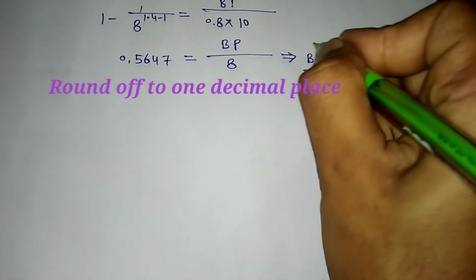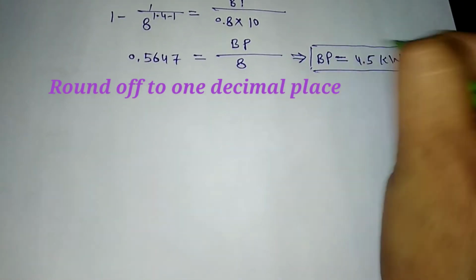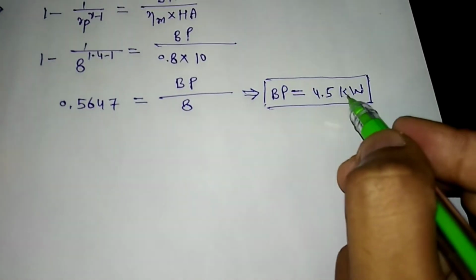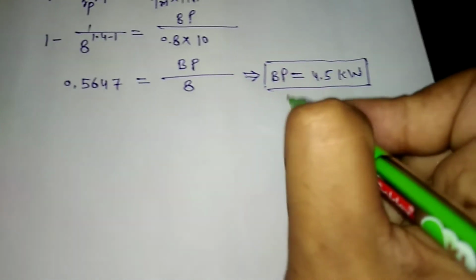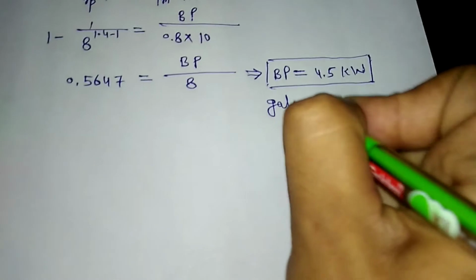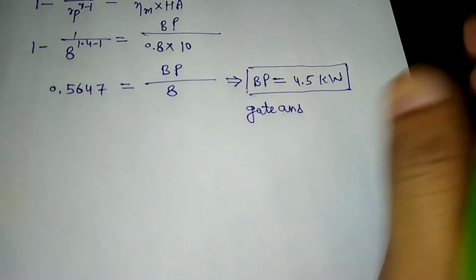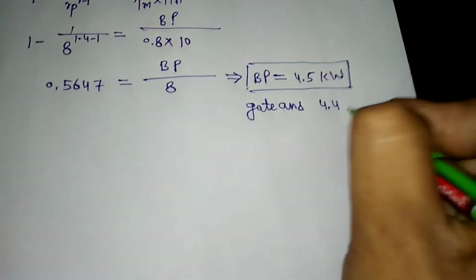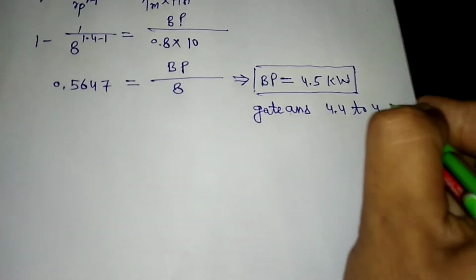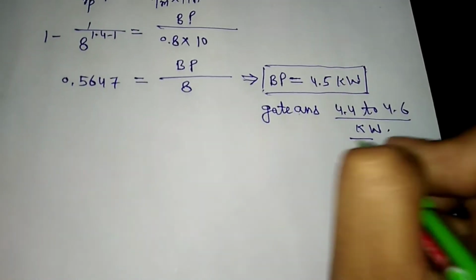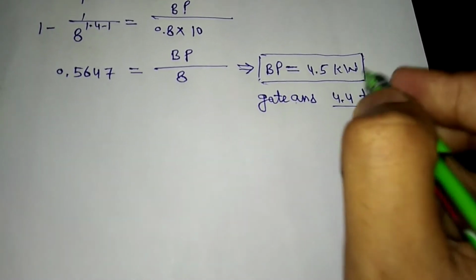So we have calculated the value of brake power, and according to the GATE answer key, the answer of this question was given as 4.4 to 4.6 kilowatt. Okay, this is our answer.